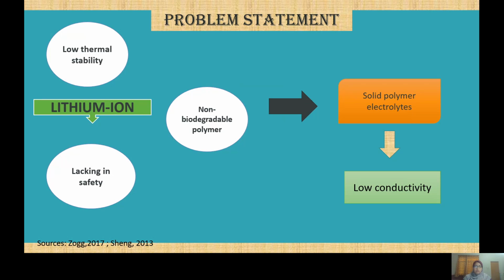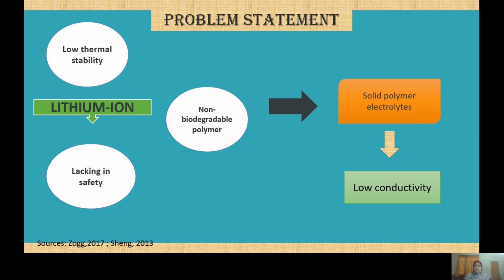Like on 17 June 2019, a Malaysian man was severely burned after his phone exploded, caused by overheating.